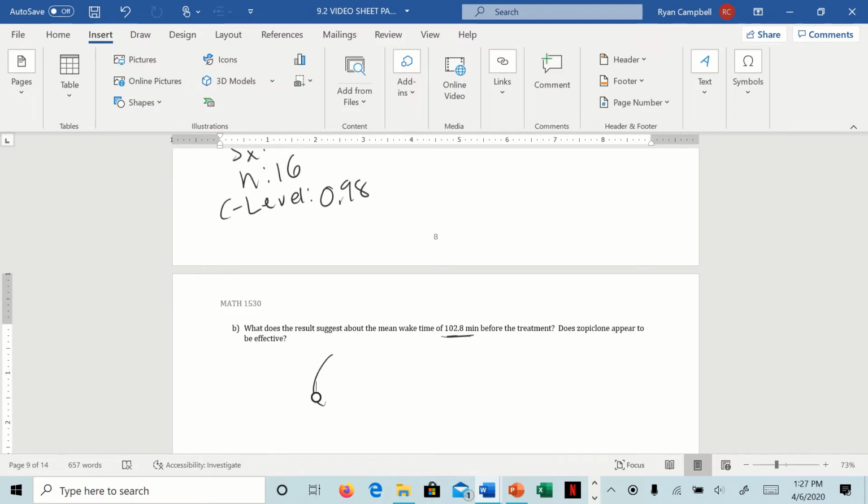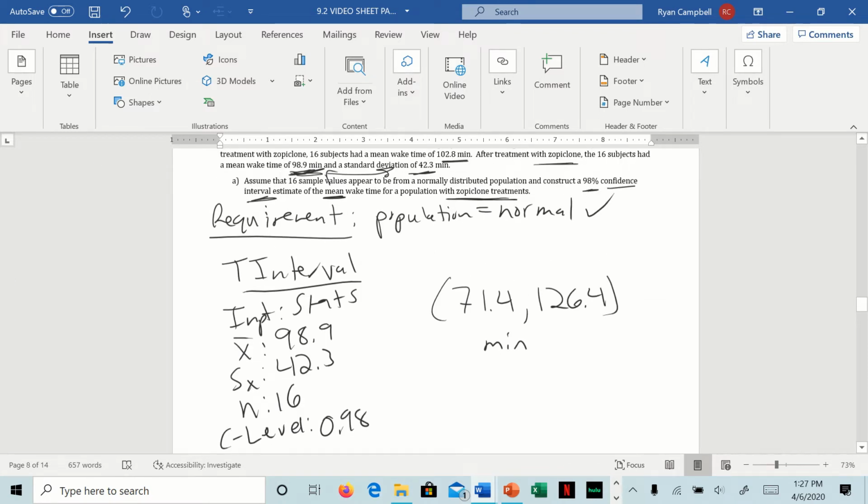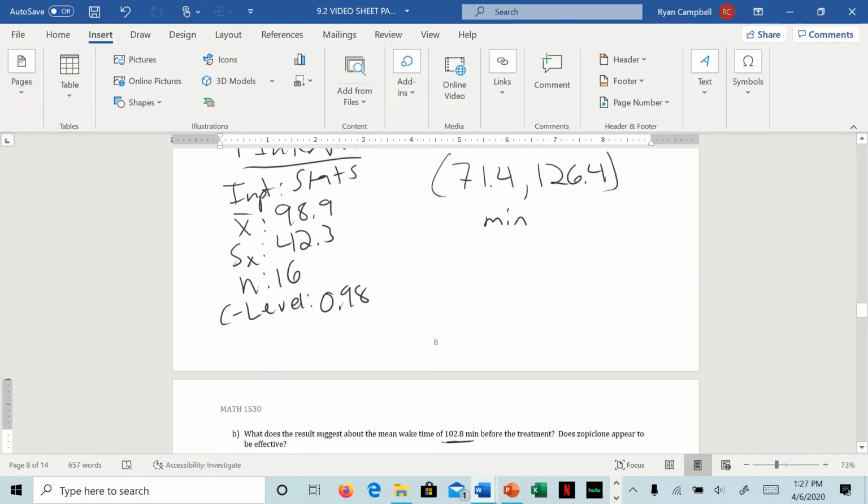Remember, we can't just look at the value of our sample because we need to look at everybody, the whole population. We can't just use this. This might be an outlier. This might be a weird thing, right? We need to look at it for everybody, for the whole population. So that's why we've got to use our confidence interval.